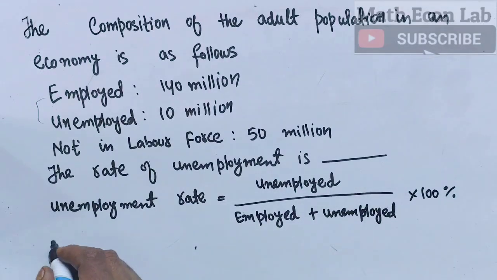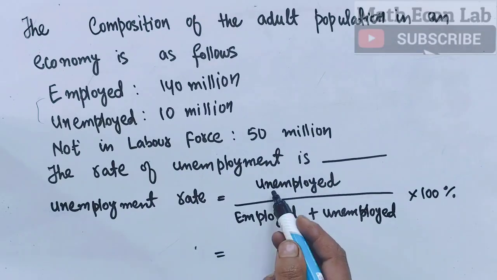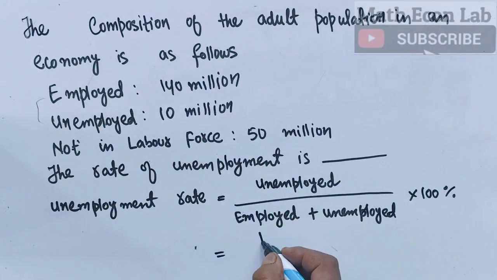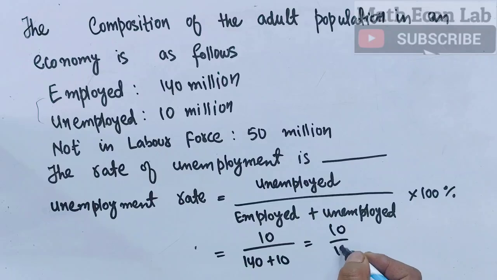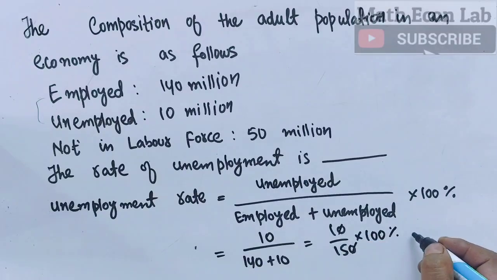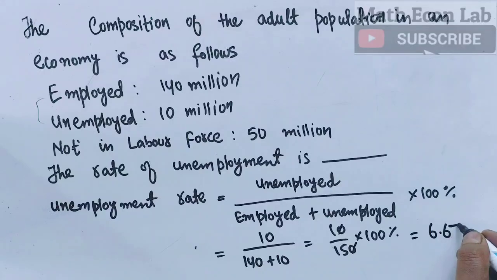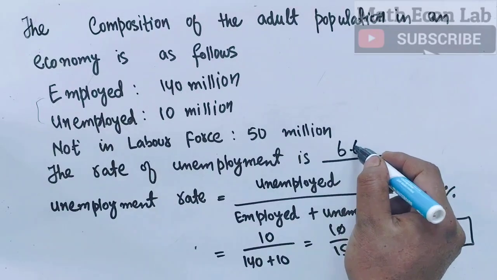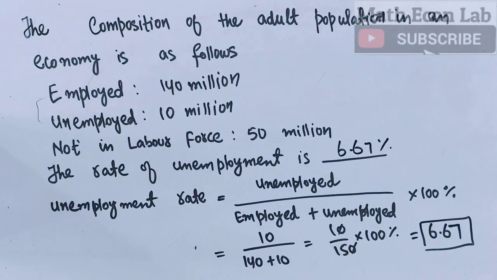So unemployment rate in this case is unemployed, 10 million, divided by employed plus unemployed, 140 plus 10, which becomes 10 divided by 150. To this we multiply by 100%. So this will come out to be 6.67, I guess. So this should be the correct answer. 6.67% will be the unemployment rate.